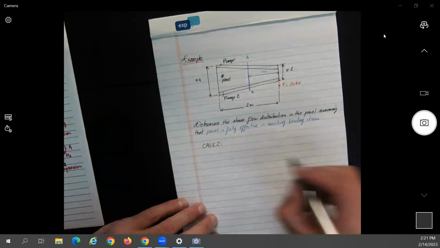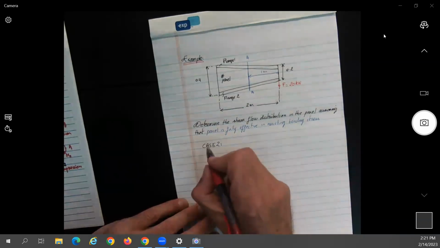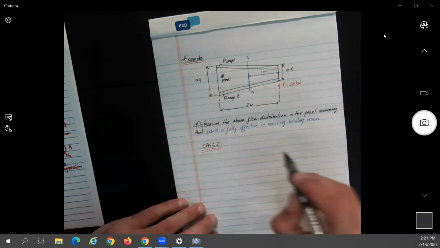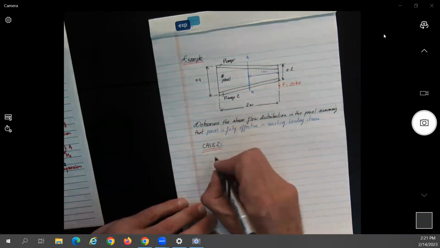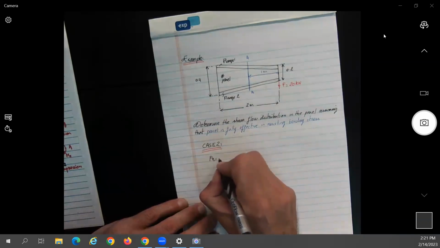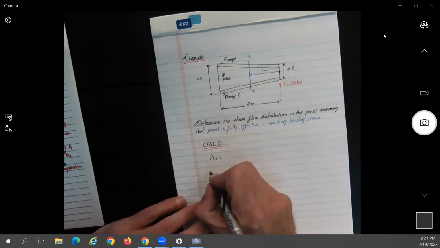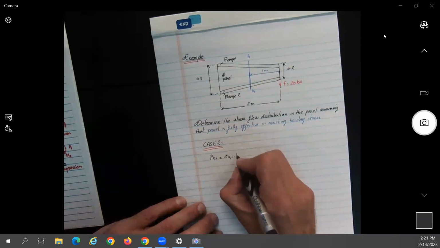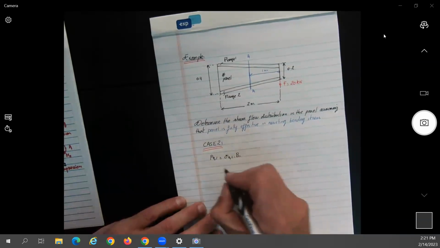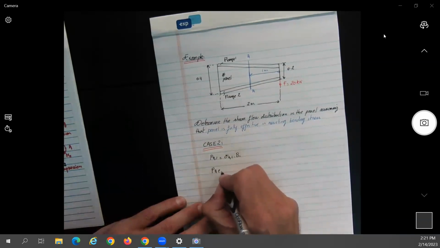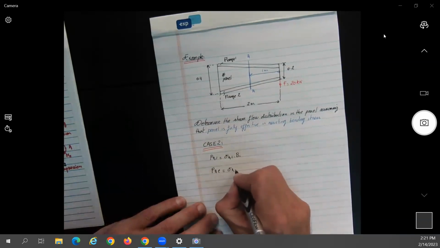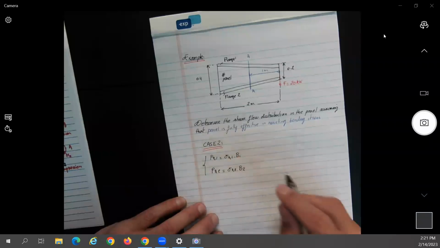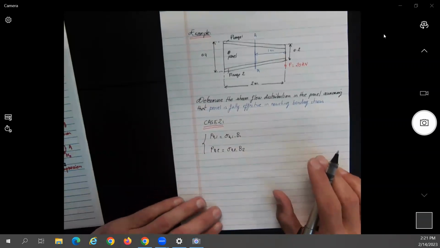From the class notes the other day, if you go back, we had that PZ1 was equal to the stress at 1 times boom area 1, PZ2 equals sigma 2 times B2.